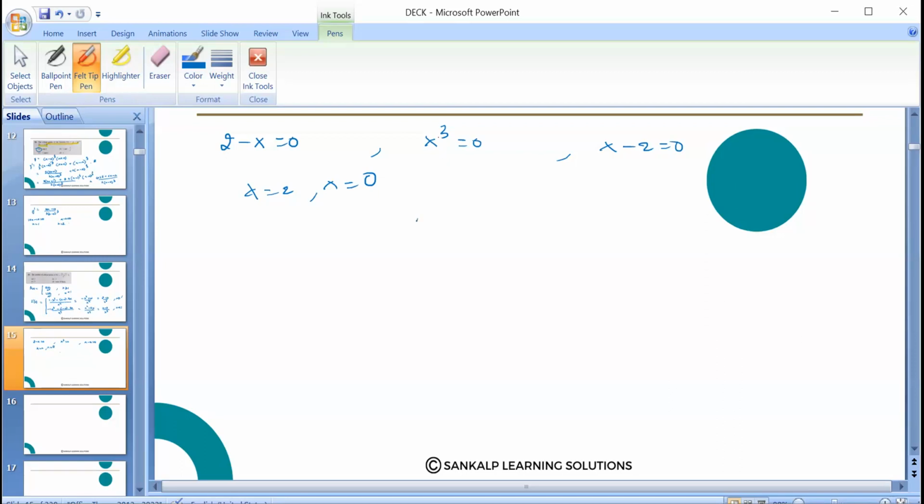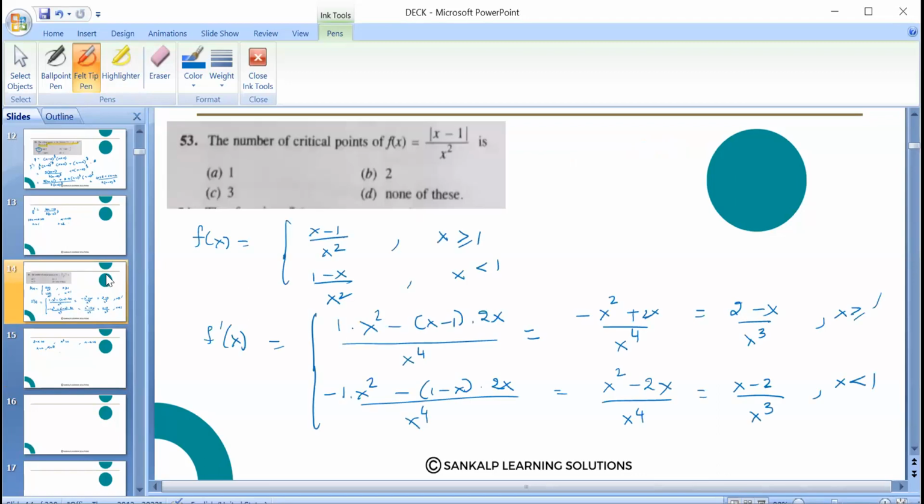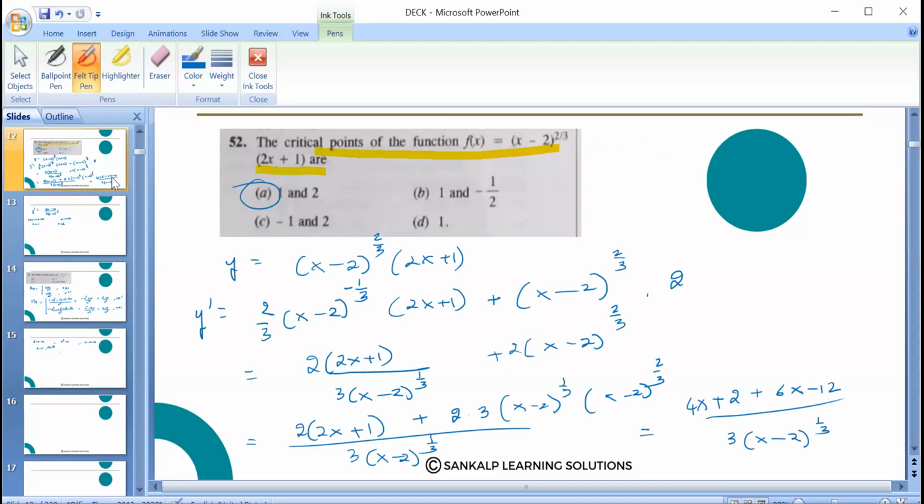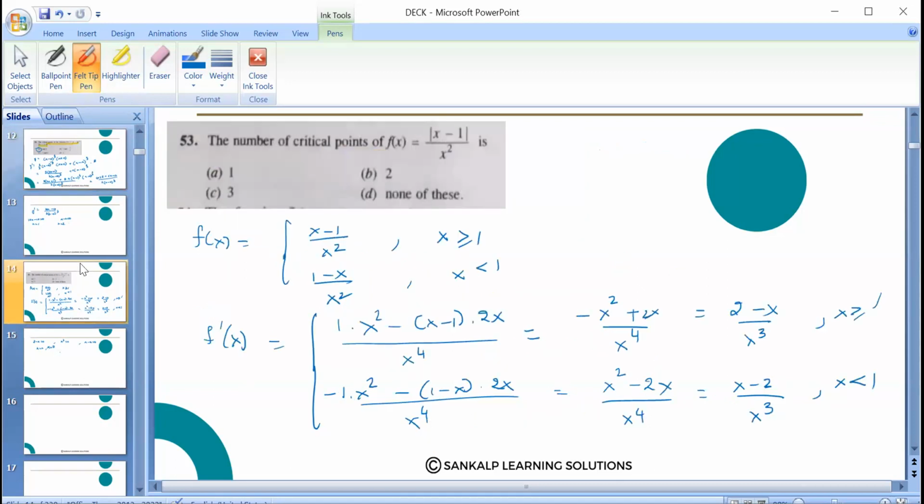In the options you can see the two critical points we got are 0 and 2. So option B is the answer.